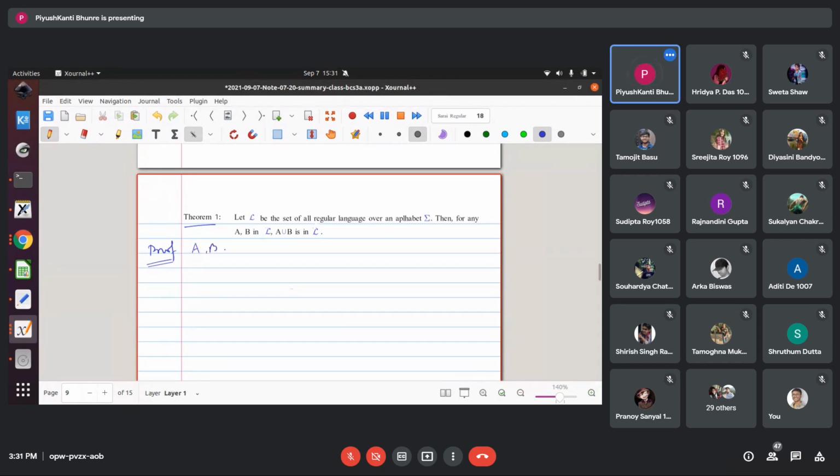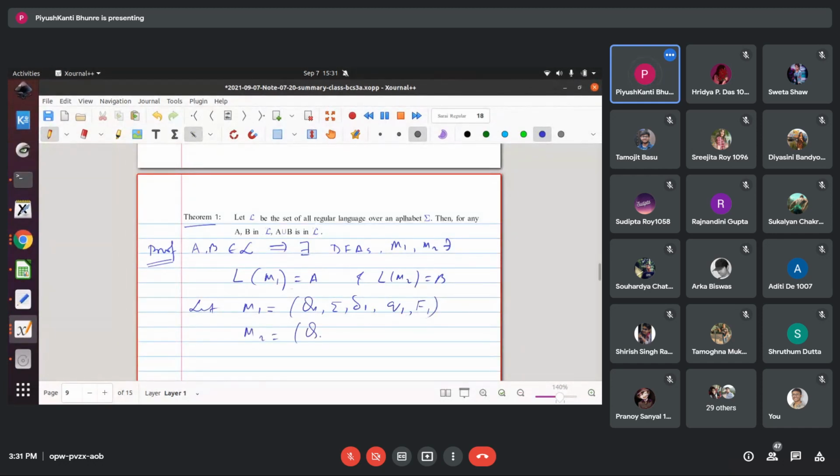So A, B belong to L, that means there exist, say, DFAs or NFAs, I can call them M1, M2, such that L of M1 equals A and L of M2 equals B. So let your M1 be Q1, sigma, delta 1, q1, F1.